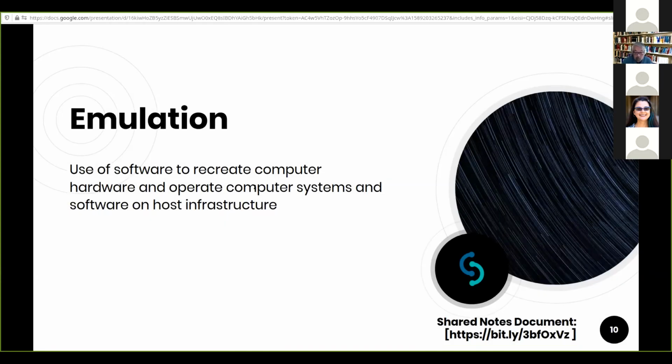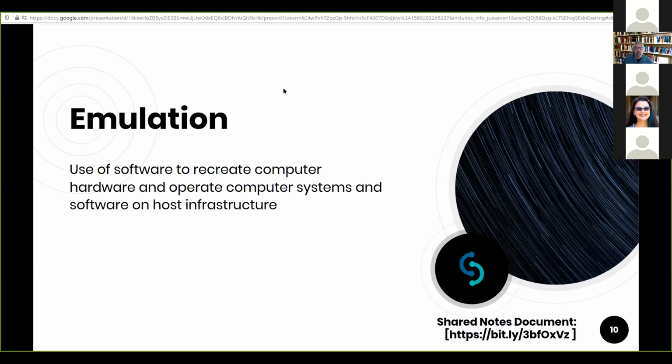And this is where emulation comes in. Many people who have heard about it in these discussions with the EaaSI program have probably encountered it in the context of video games and playing consoles on your desktop. But it's a really broadly applicable term in computing, which just refers to the use of software to recreate computer hardware and operate computer systems and legacy software on host infrastructure.